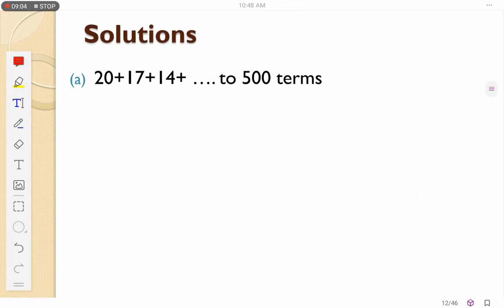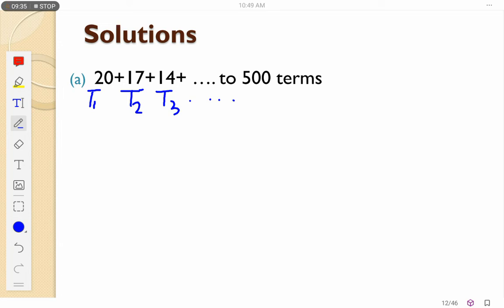For the first one, I will write terms. 20 is my T1, 17 is my T2, 14 is my T3, and so on. When I have something like this, I can try to see, is it an arithmetic series or a geometrical series?